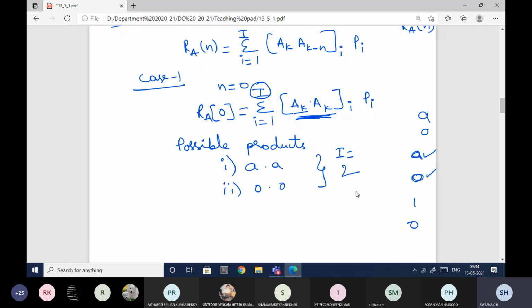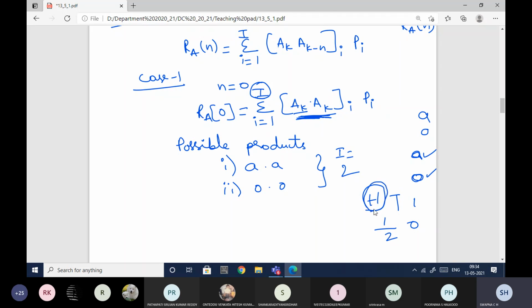I think you know the tossing of a coin. It can be either a head or a tail. At each toss, what will be the probability? Can anybody tell me the probability of getting a head? 1 by 2, right? How is it 1 by 2?